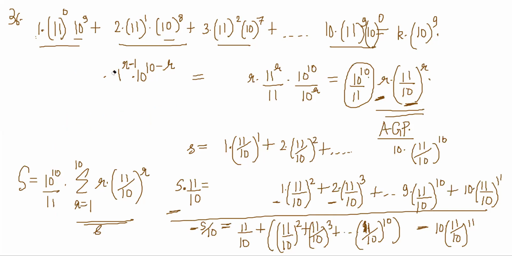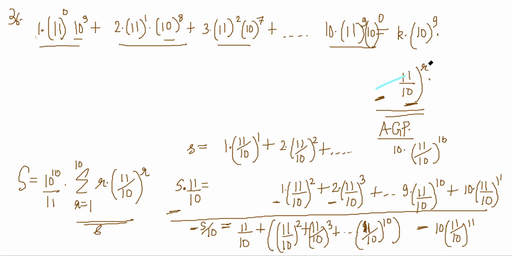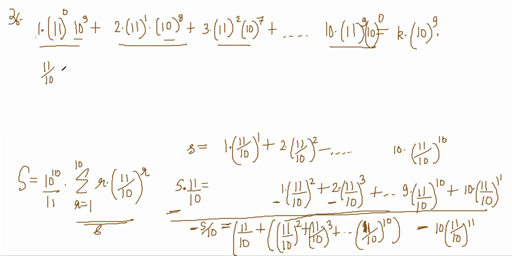So what we have now is another GP inside this AGP. This GP summation we'll have to do. This summation is basically 11 by 10 plus 11 by 10 whole square plus so on till 11 by 10 whole to the power 10 minus 10 times 11 by 10 whole to the power 11.